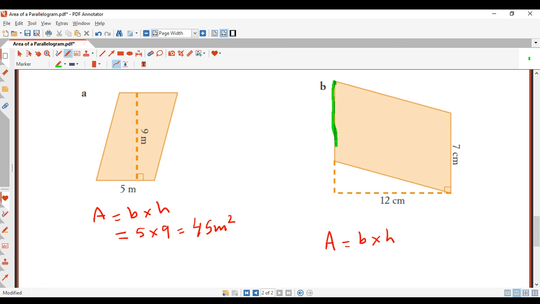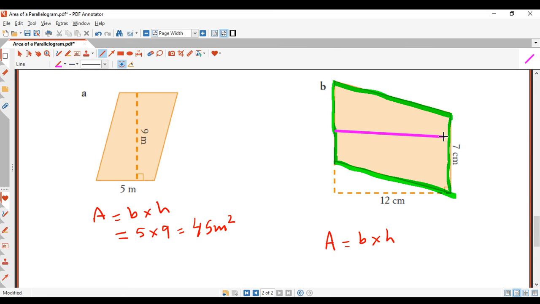This is one side of the parallelogram, this is the other side, this is the other side, and this is the other side. So the green outline is the parallelogram. Now, why did they put dotted lines on this part? They're just showing you the height of the parallelogram, because the height is this distance here, and it should be at 90 degrees.